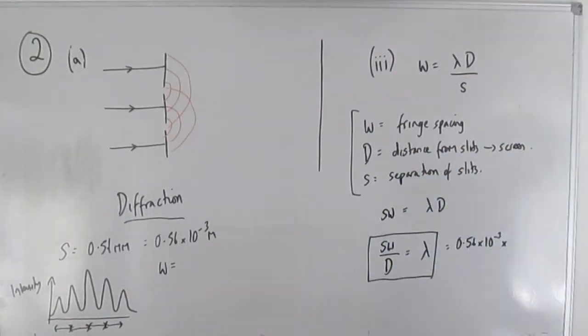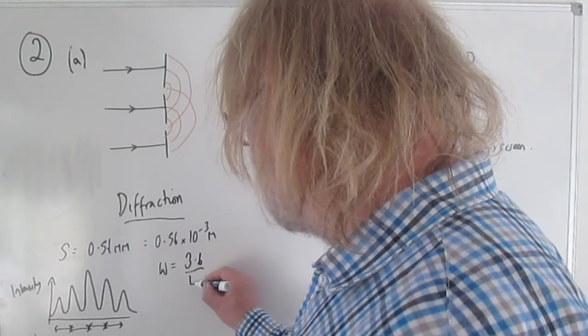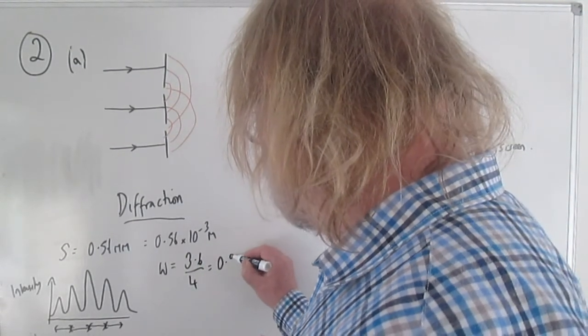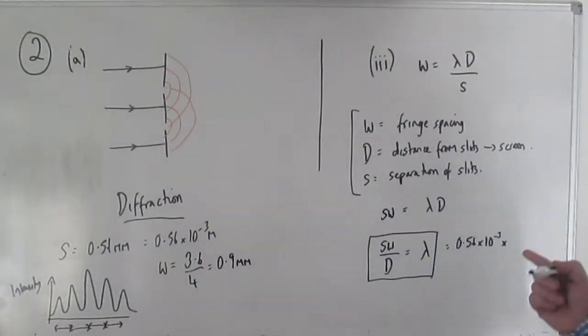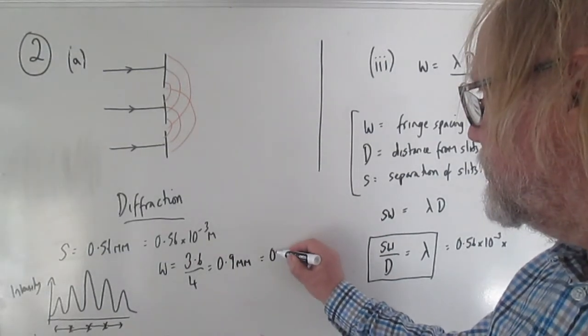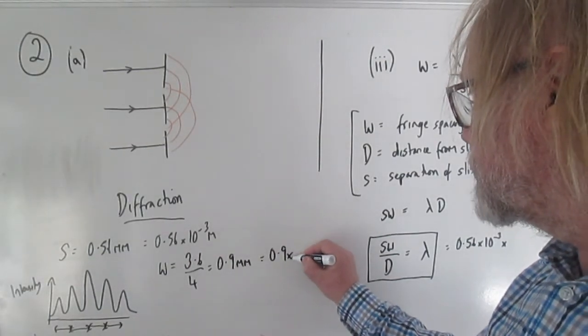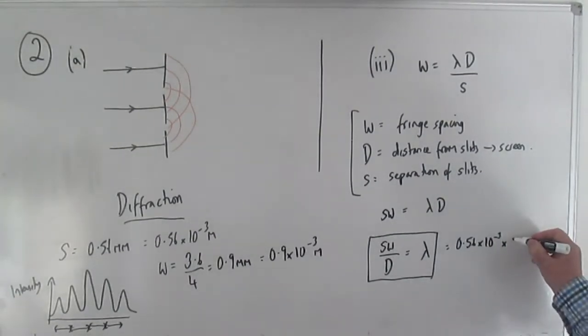It says it's 4 spacings, so it's 3.6 divided by 4, which is 0.9 millimeters. We can put that in, and again it's got to go into meters. So 0.9 times 10 to the minus 3 meters goes in there.